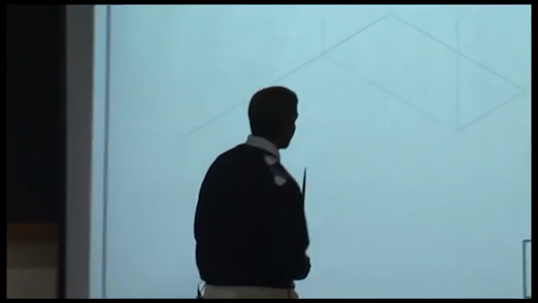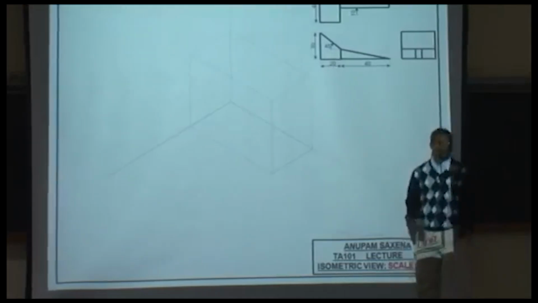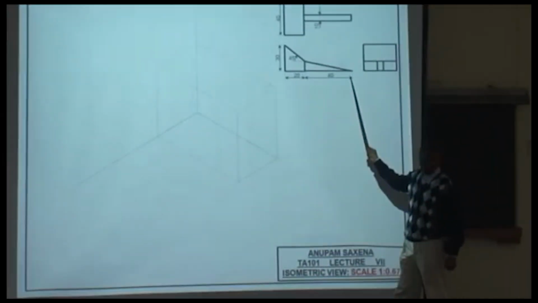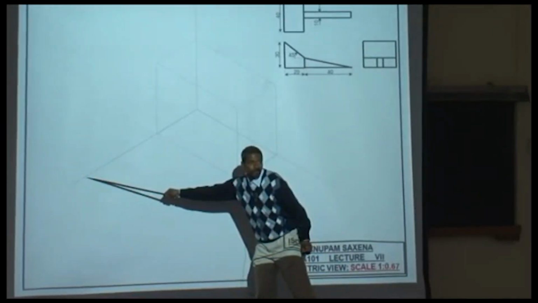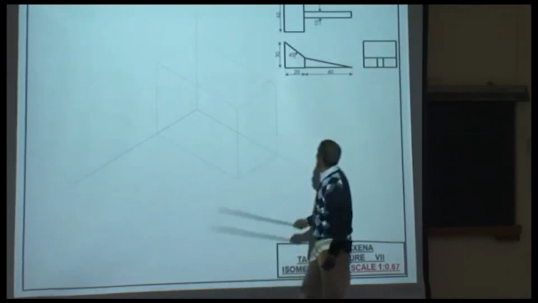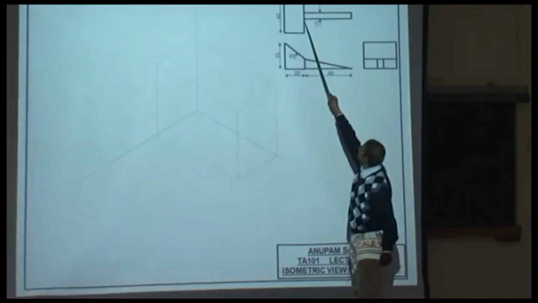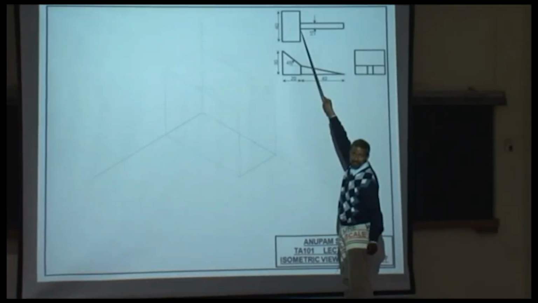The bounding box for the slanted or sliced box is ready. Now let me draw the bounding box for the tapered rib. Okay? From here to here, the length is 60. So I'll go from here to here, 60, and then from here to here, 15.